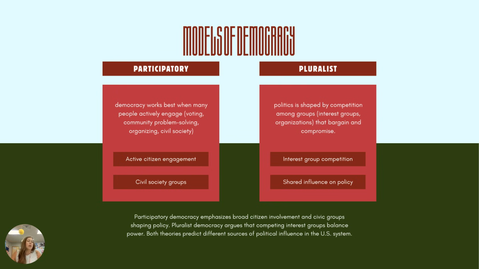So you think of something like healthcare policy. Well, there's going to be doctors, there's going to be nurses, there's going to be patients, there's going to be insurance companies, pharmaceutical companies, all of these different groups that want to influence the process. And so ultimately, no single one of them is going to get everything that they want.